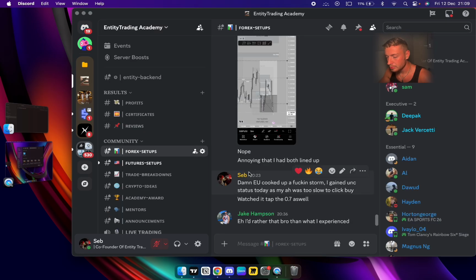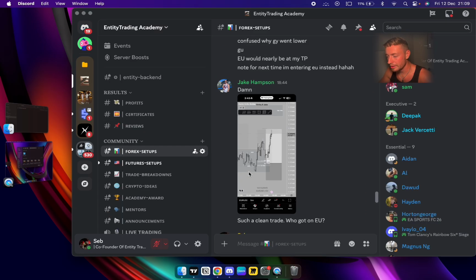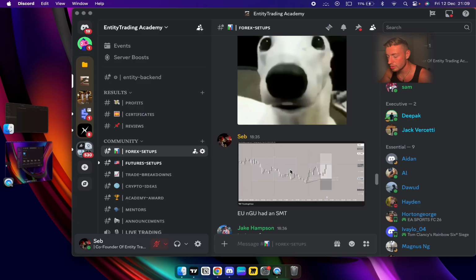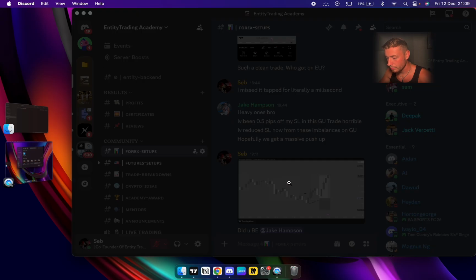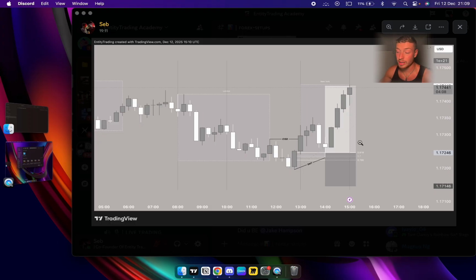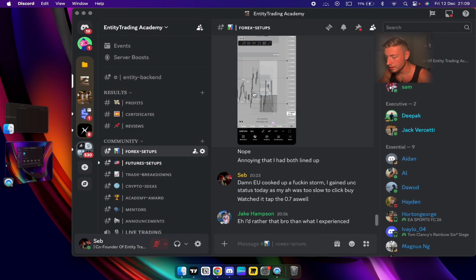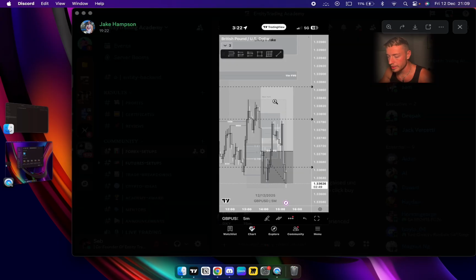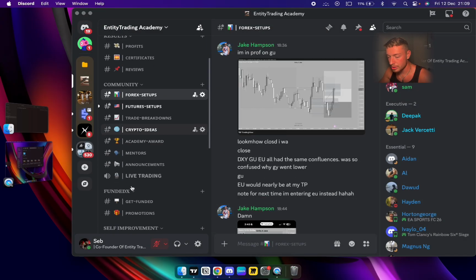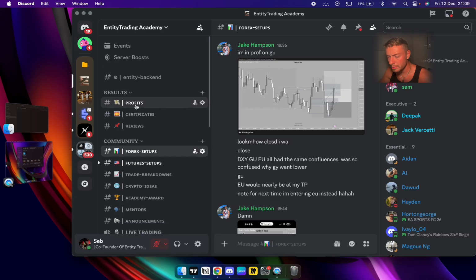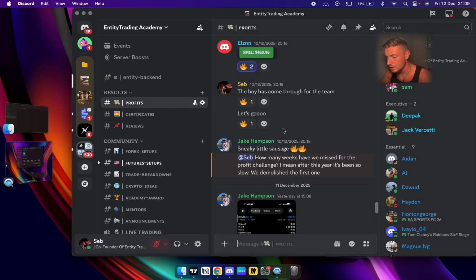We actually just missed an EU trade, so we were in EU and GU. EU actually hit take profit, full TP, no drawdown at all. GU didn't really correlate, and it actually went into a bit of profit and then hit stops. So that trade was sent out to the team. A few of them actually got in at the start of the week.